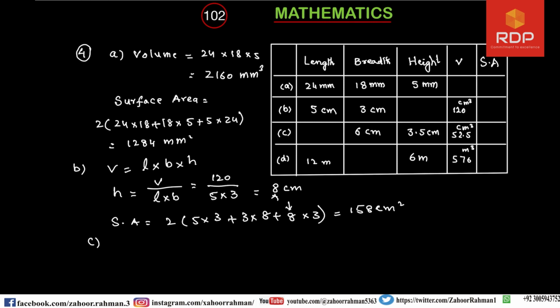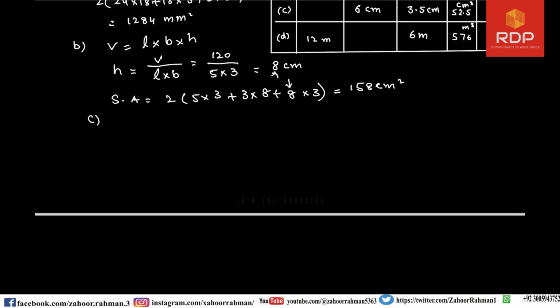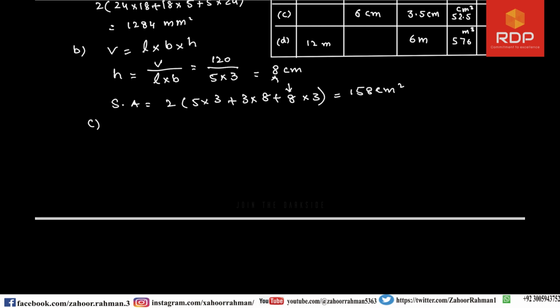C number part is saying that length is not given to us, so we can say that volume is equal to length into breadth into height. In this case we are going to find length.